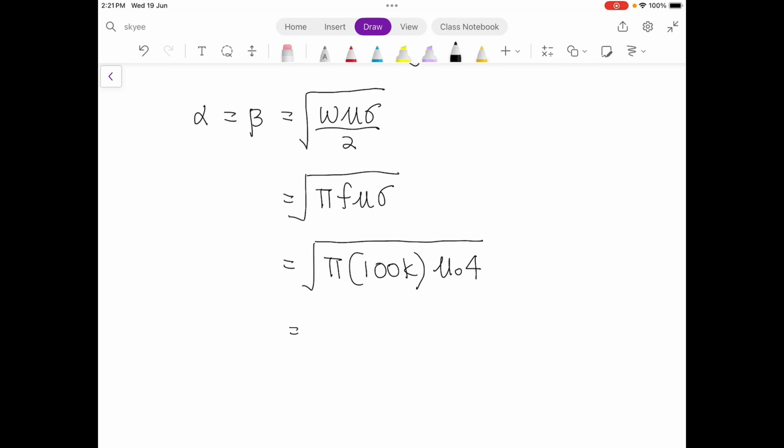Taking the square root, you get 1.26. So this is your attenuation constant.